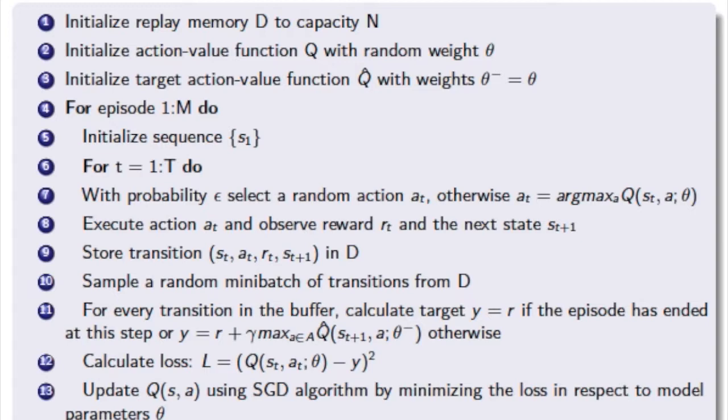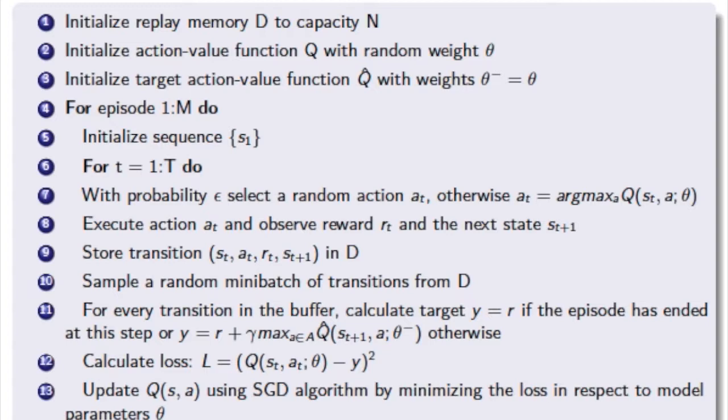So we initialize the experience replay, we initialize the training neural network and target neural network, and then we initialize the state, and then with the epsilon greedy policy, we take the action and move the agent, and then store that transition, which is the state, the action, the reward the agent gets, and the next state.